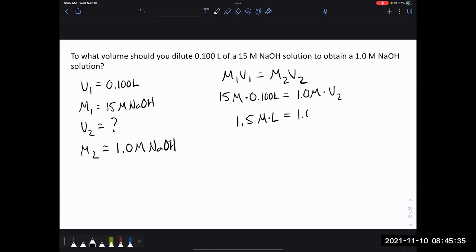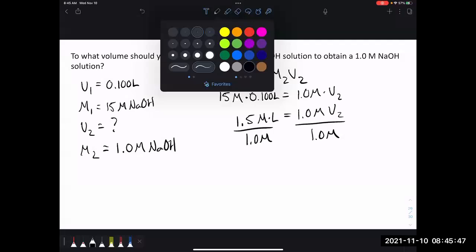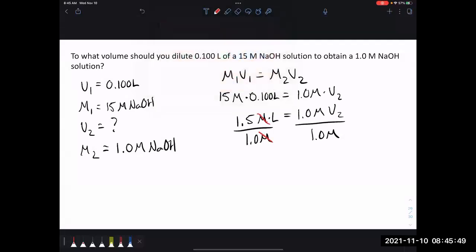On the right side, we're going to have 1.0 molar and our V2. So then when we divide both sides by this 1.0 molar, these units of molarity will cancel out and they will give us our desired units. So we get 1.5 liters equals V2.